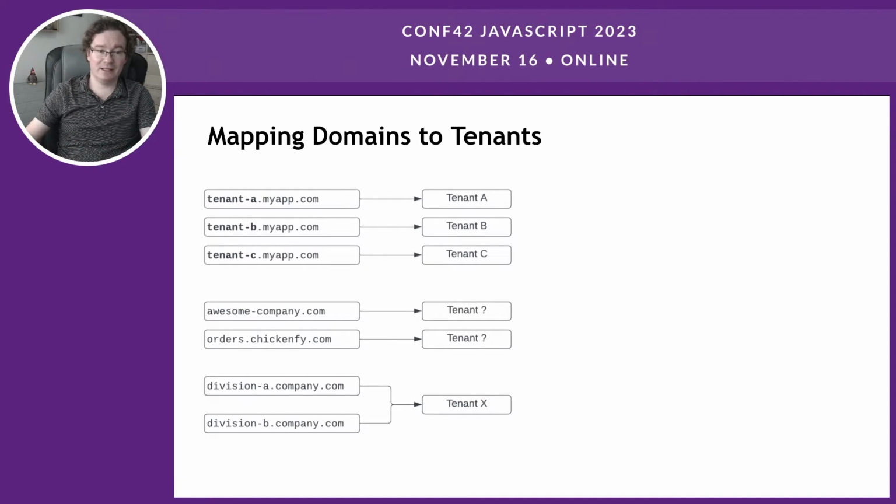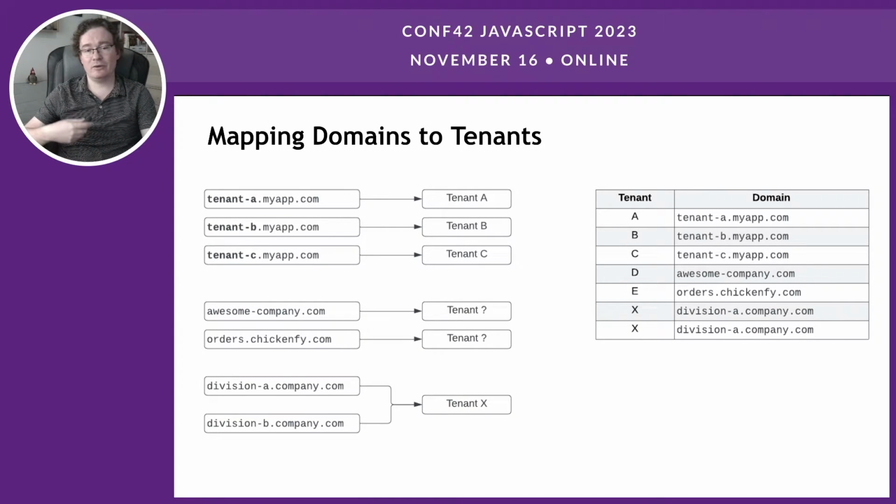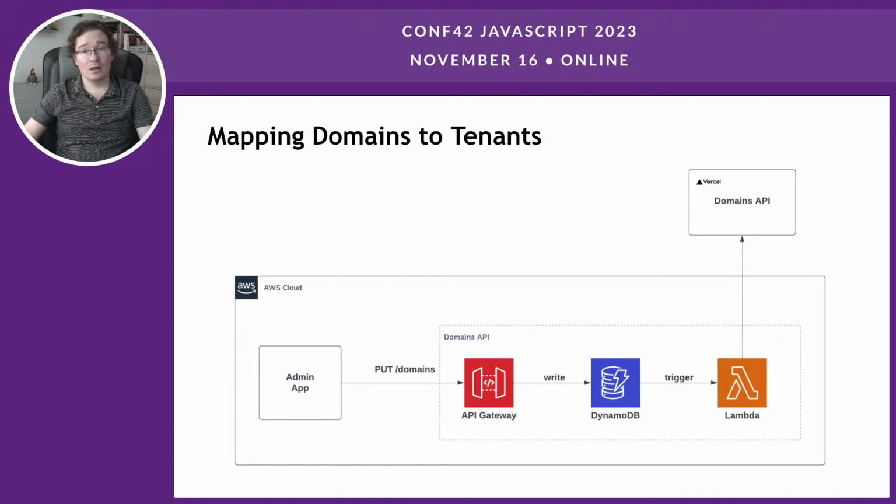To handle this, we'll need a mapping table where we can correlate which domain belongs to which tenant. So every time I need to identify what tenant a request belongs to, I can simply do a lookup on this table and get the correlation there.